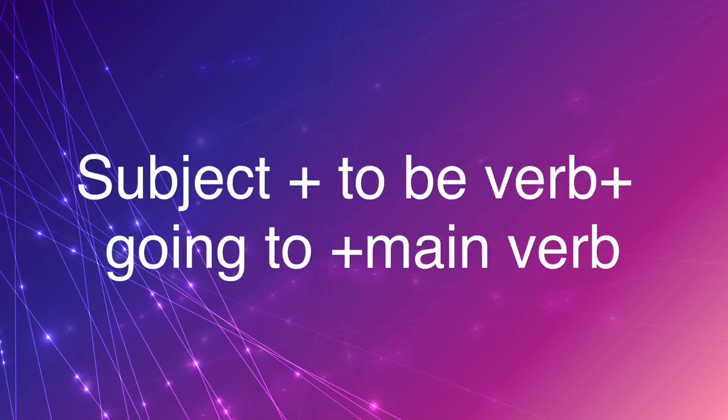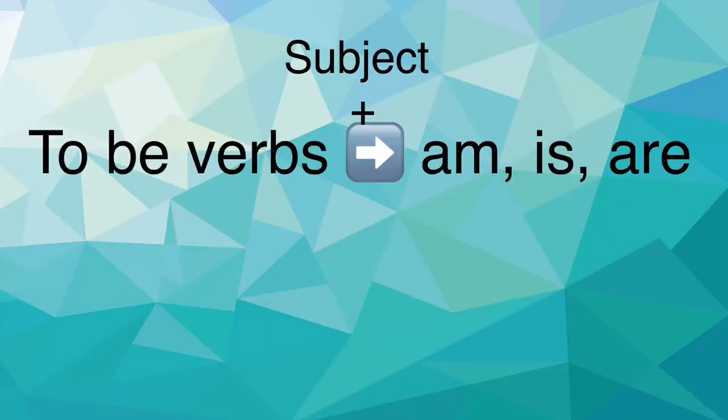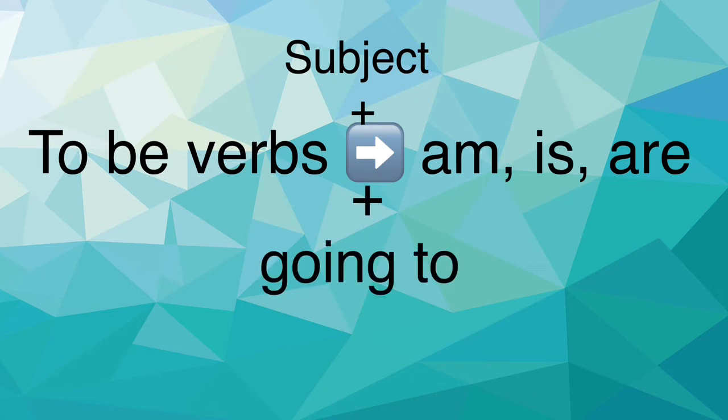Subject plus to be verb plus going to plus the main verb in root form or base form. To be verb can be either am, is or are.